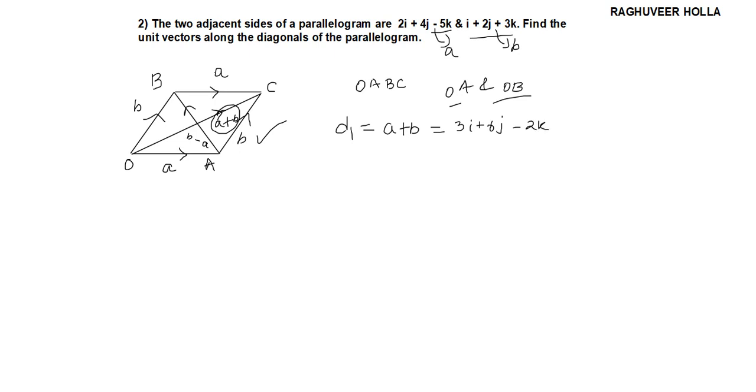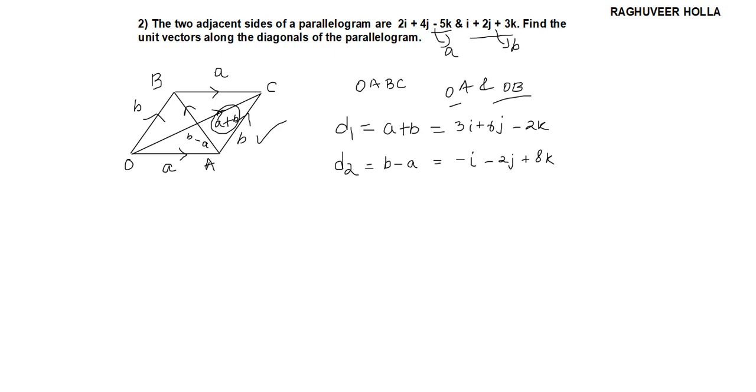So this is D1. Let us find D2. D2 would be B minus A. If I calculate this, I get minus i minus 2j and plus 8k. So this is what I get.